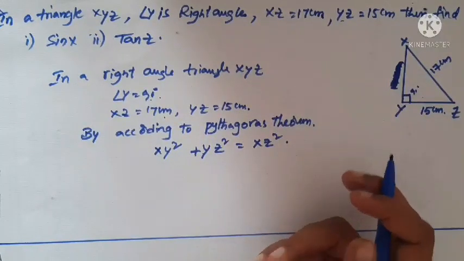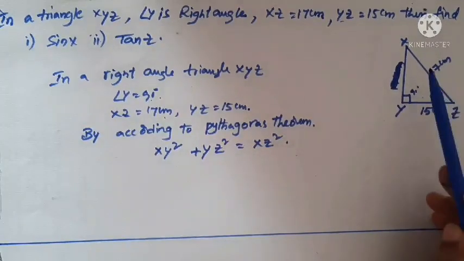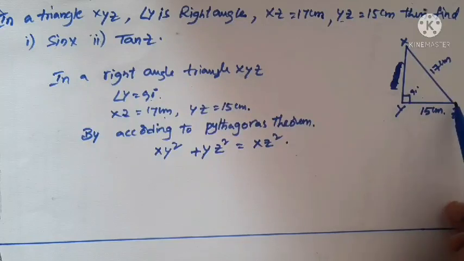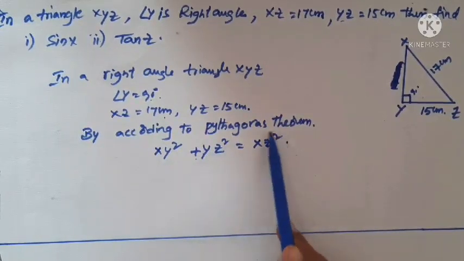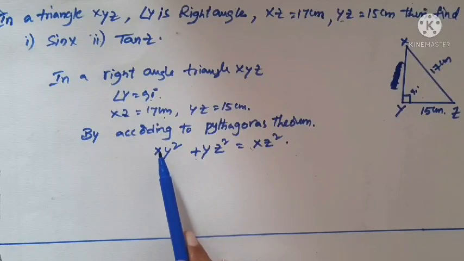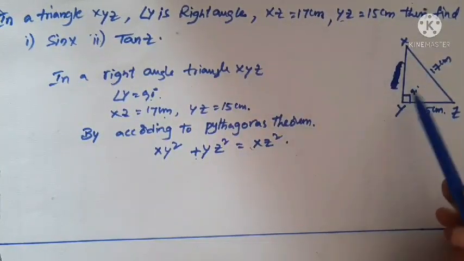So now you know that according to Pythagoras theorem, the sum of squares of the other two sides equals the square of the hypotenuse, right? So here XY square plus YZ square equals XZ square. And now what is the XY value? It is not given in this problem. You have to find out the XY value.